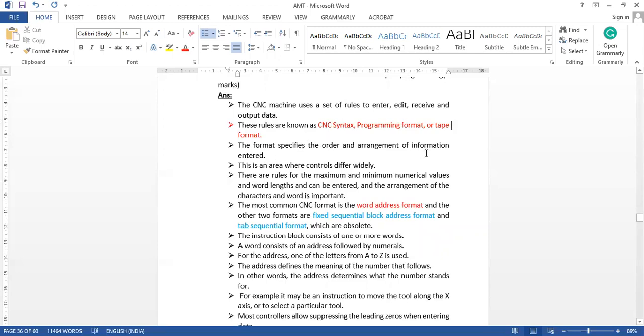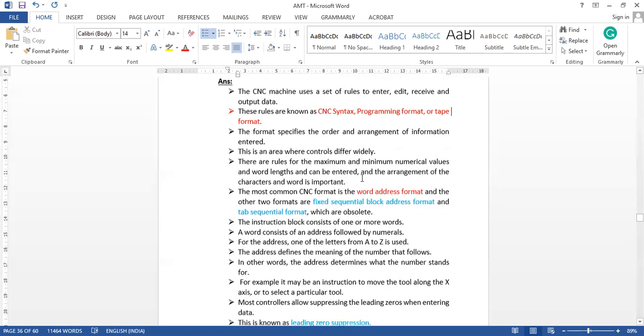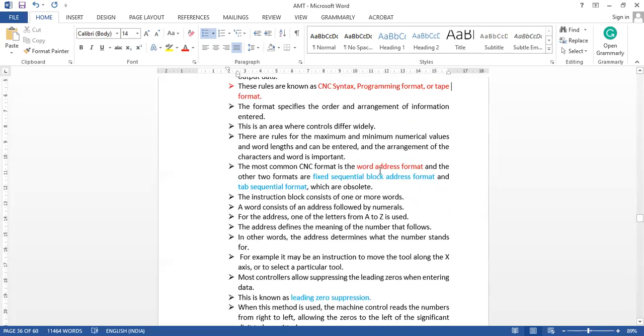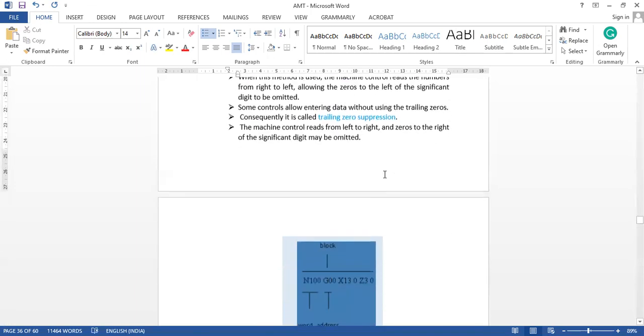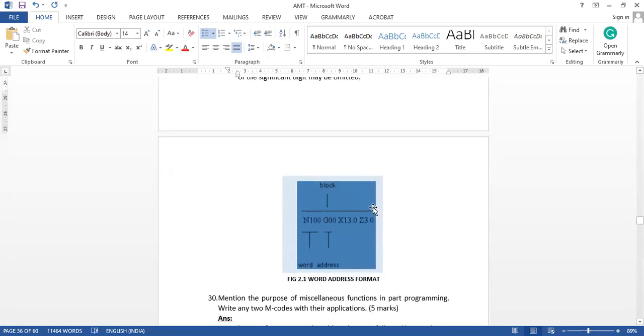The format specifies the order and arrangement of the information entered. The most common CNC format is the word address format, and the other two formats, fixed sequential block address format and tab sequential format, are obsolete.